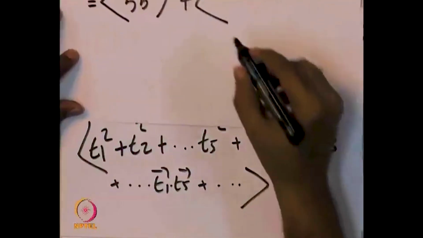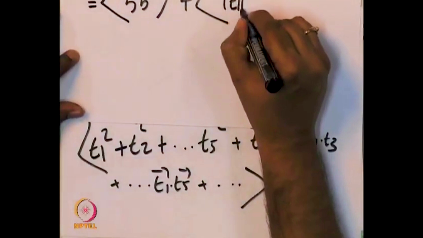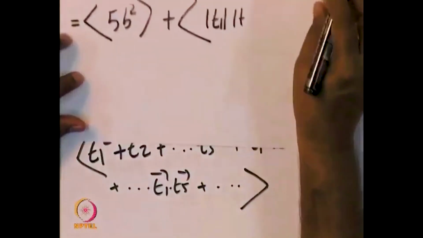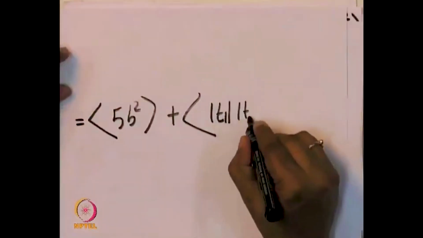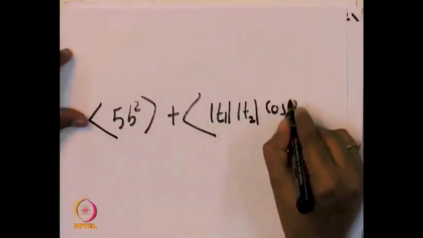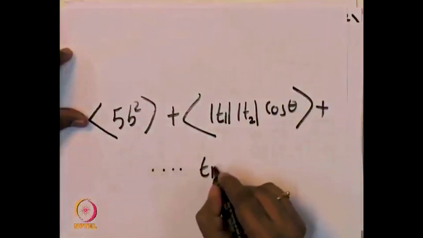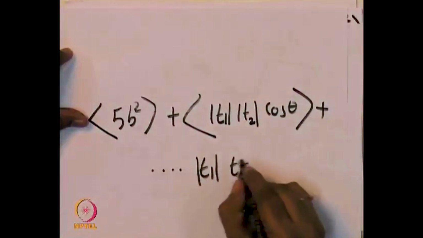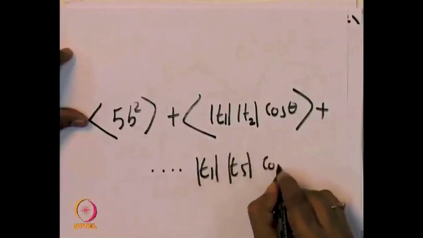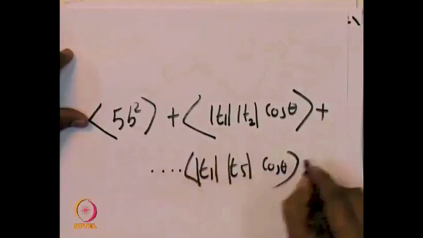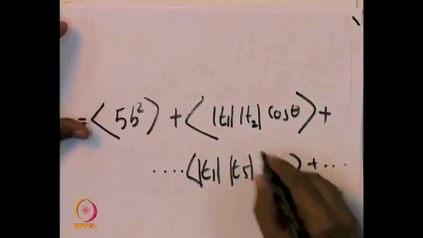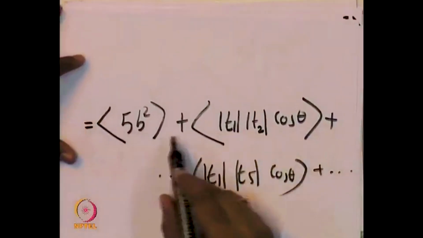So, this is basically mode T1, mode T2 cos theta average, plus similarly mode T1, mode T5 cos theta average, plus dot dot dot. So, these are the other terms. So, there will be 5 b square.